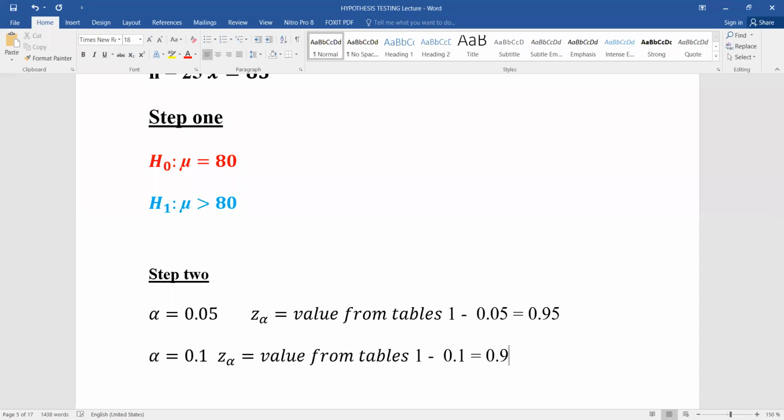Go to the table and get me the value that is close to 0.9. Go to the tables that you have and get me that value. We shall move with those who want to move. If you don't want to move, there's nothing we can do.